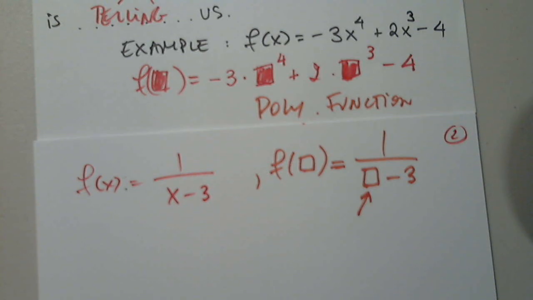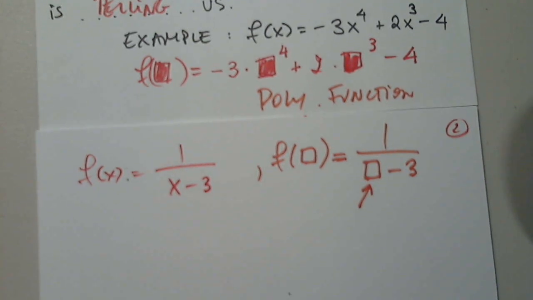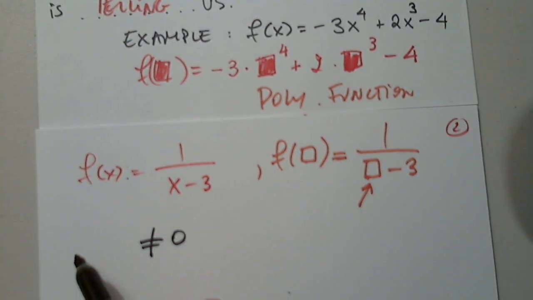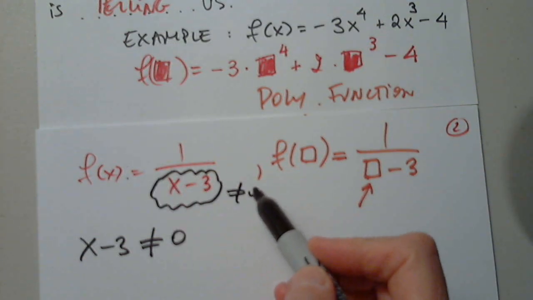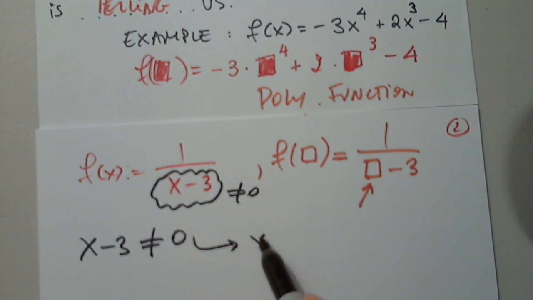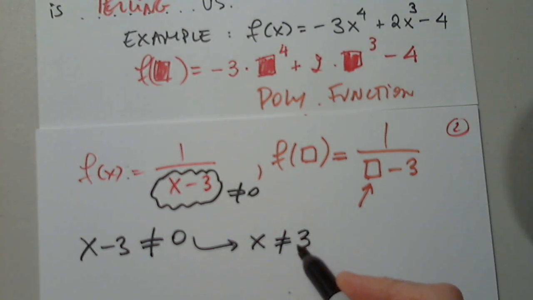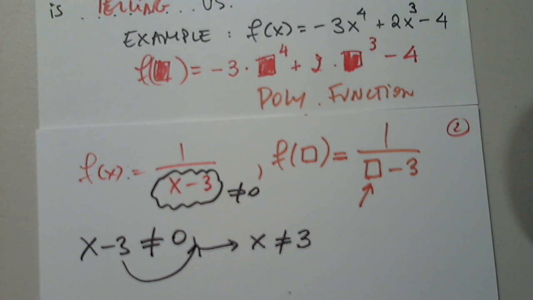Yeah. It can't equal 0 to make the equation 0. So what cannot equal 0? The denominator. Exactly. This piece cannot equal 0. And when we solve, what will we say about x? We have to move the negative 3 to the other side.